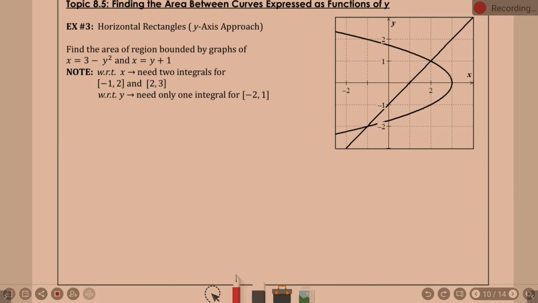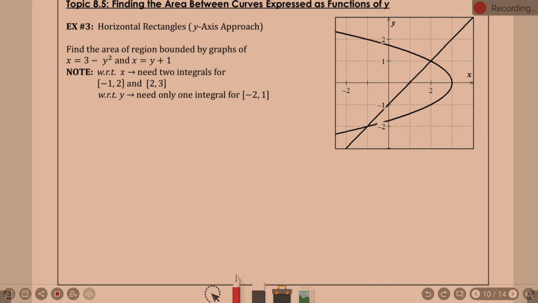Find the area between curves expressed as functions of y. You'll notice here they talk about horizontal rectangles and the y-axis approach. Do we have an upper minus lower curve that we can talk about? Right minus left.